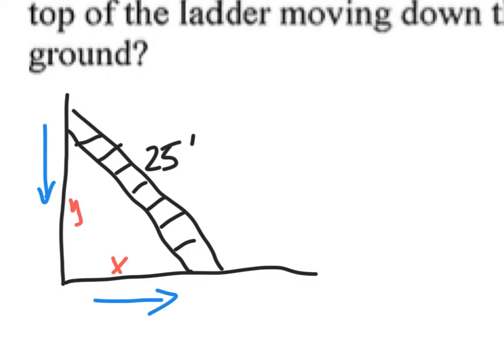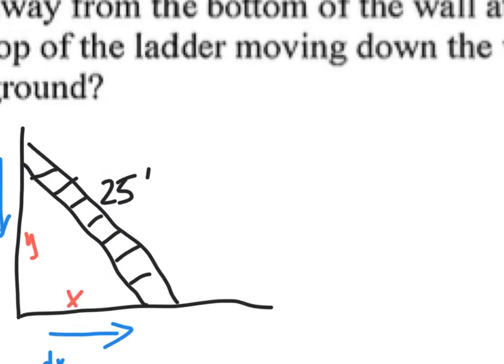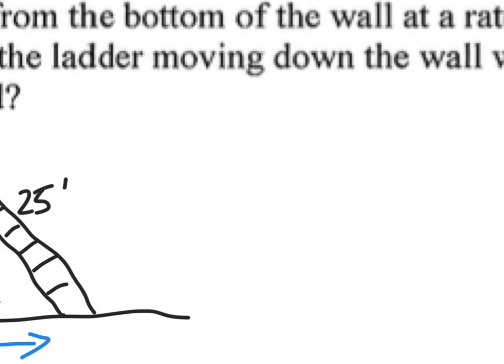And what I know is that the ladder is being moved out at a constant rate. Since we're talking about a rate of change, I'm talking about how this distance x is changing with respect to time. So I would write in here that dx/dt, the rate at which this distance x changes, is equal to 14 feet per second.